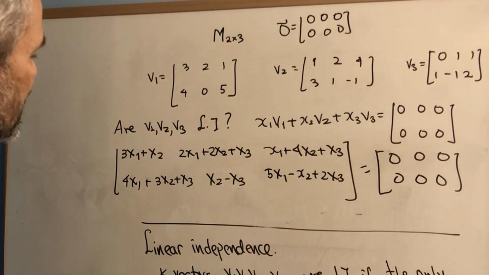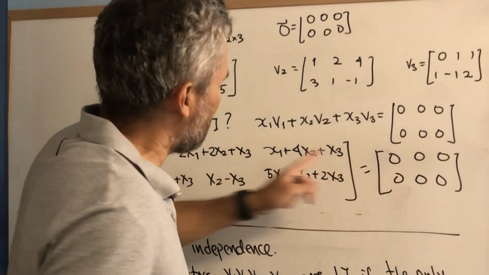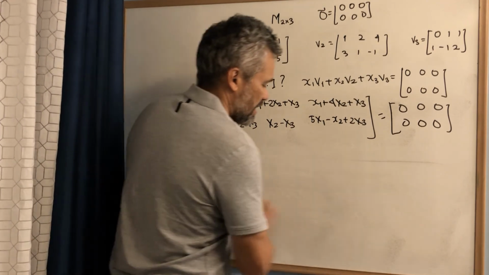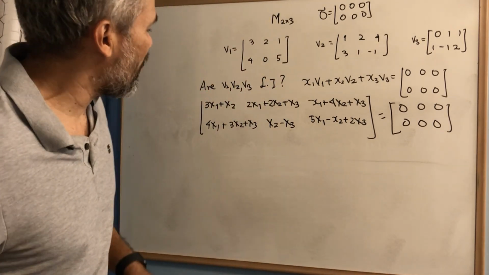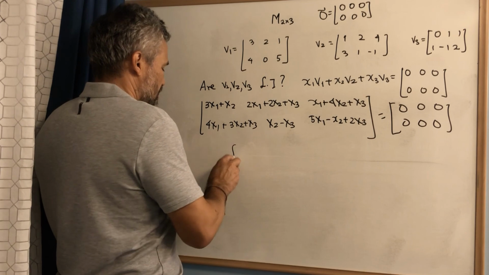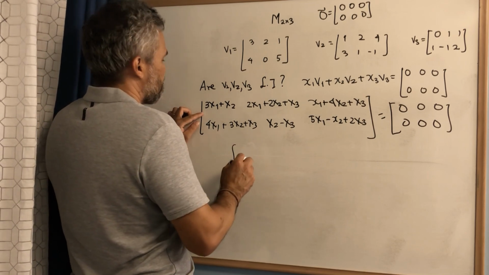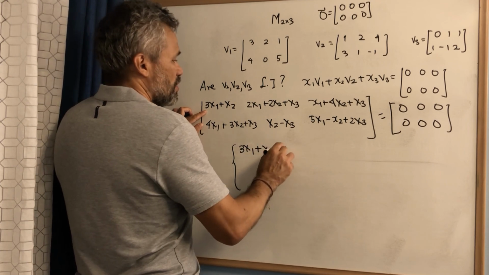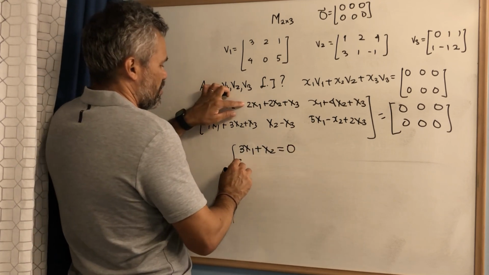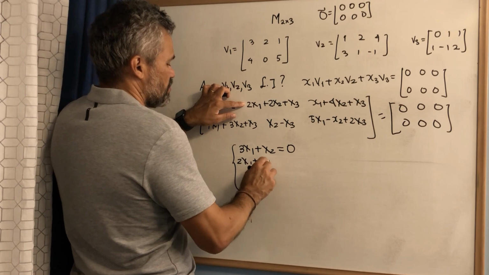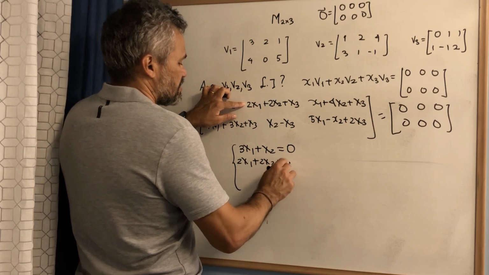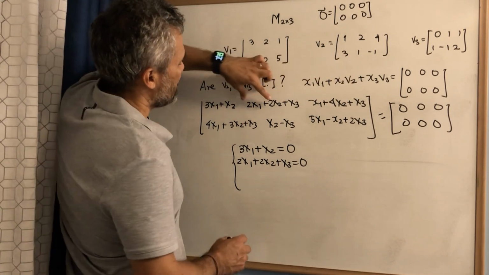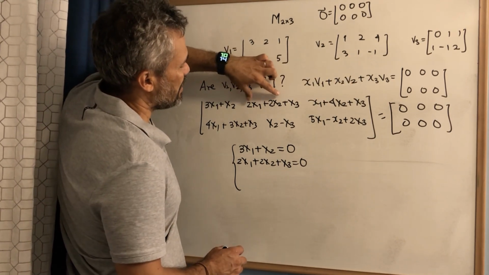And we realize that this equation is true if and only if the following system of equations is true: 3x1 plus x2 must be 0, 2x1 plus 2x2 plus x3 must be 0, because two matrices are the same if each one of their entries are the same.